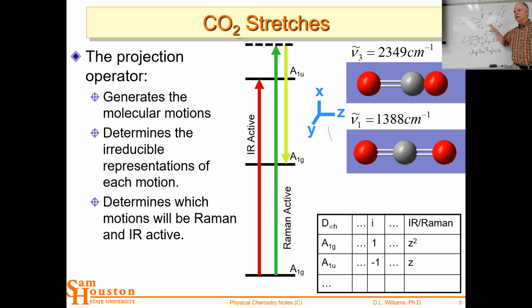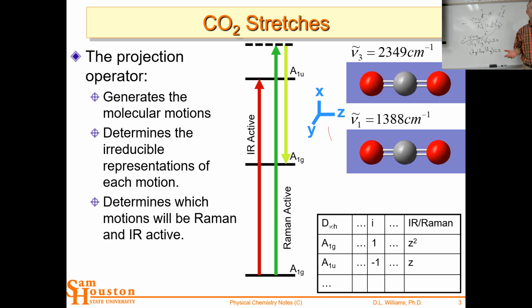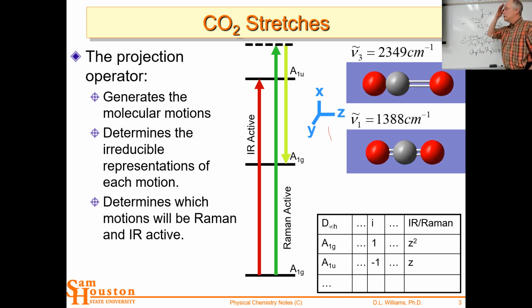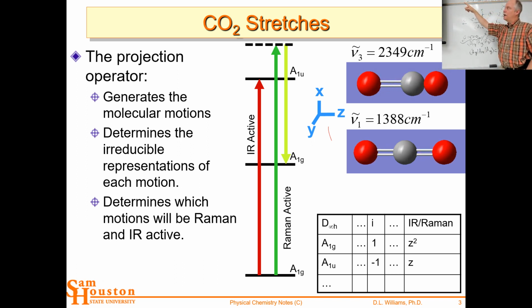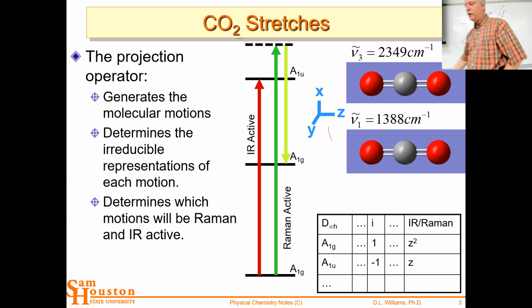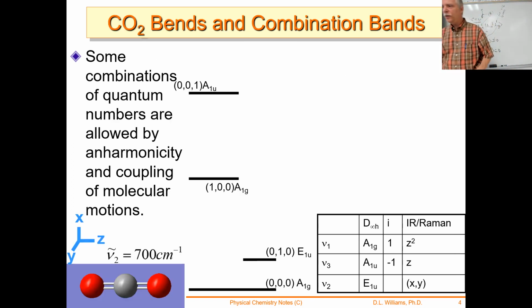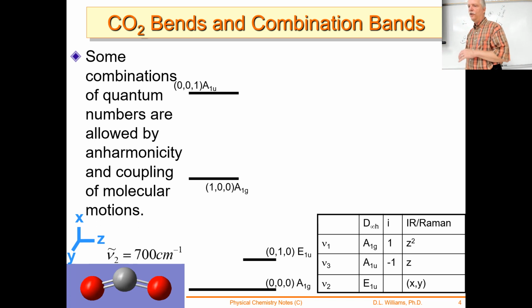So let's practice this same kind of thing, but with the combination bands and overtones. So we have these would be direct absorption or the Raman scattering, but we have in the spectrum for CO2 these other peaks that show up further up in the spectrum.